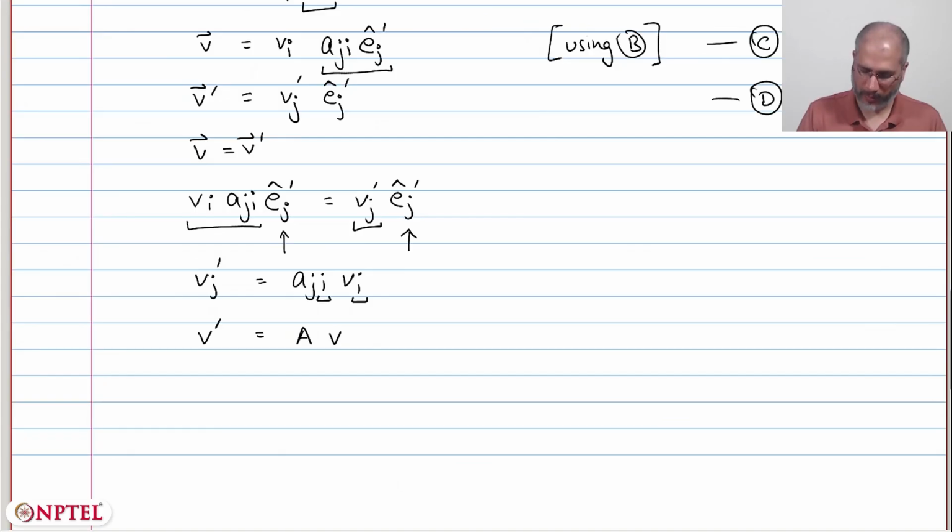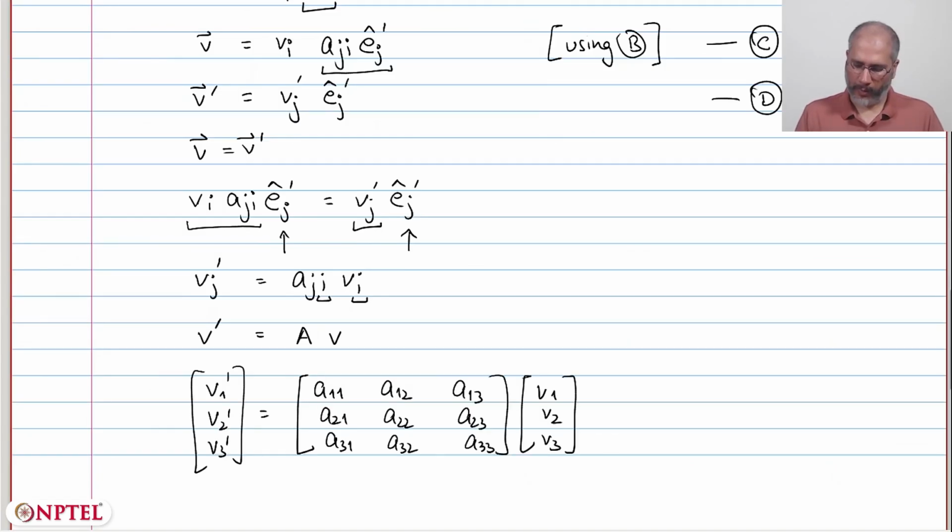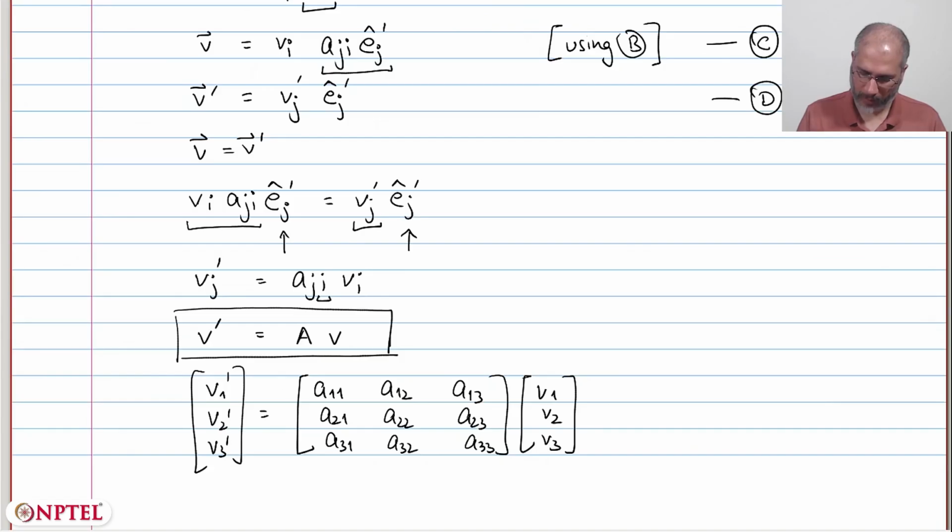So let me also write the complete matrix form. So this is A11, A12, A13 and so on. So this is our vector transformation law, which allows us to go from V to V prime using the information of the transformation, that is through the transformation matrix A. If we would want to check the initial index notation representation, this can be checked.